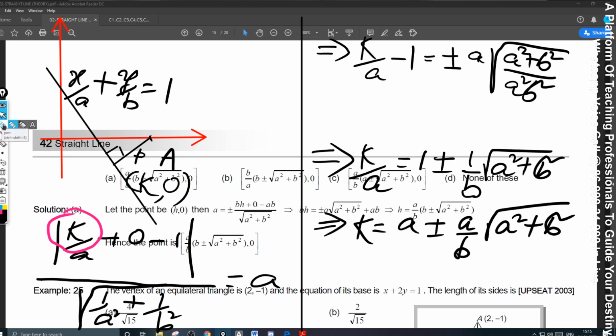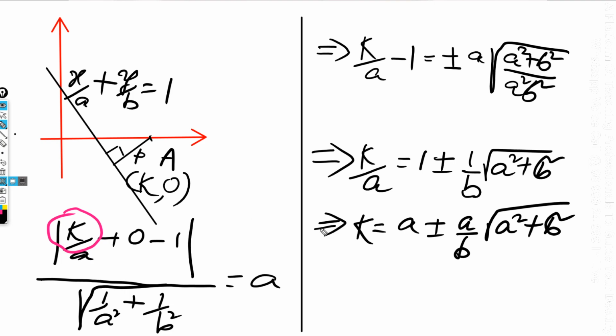Let me show you that. Take A by B common directly because he has given the option with A by B. So take A by B common.